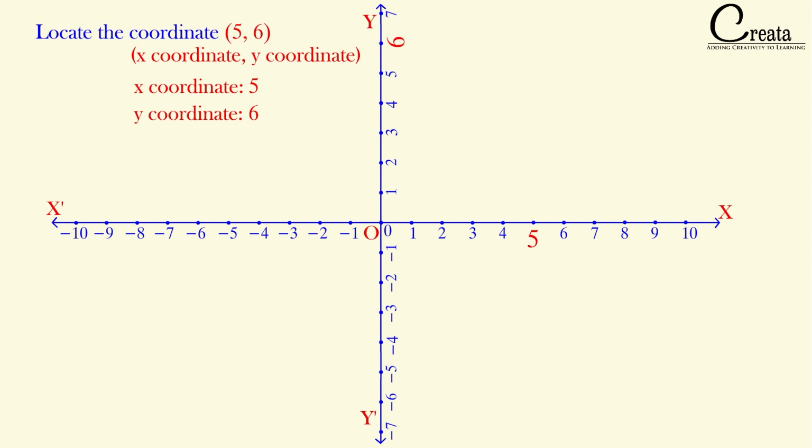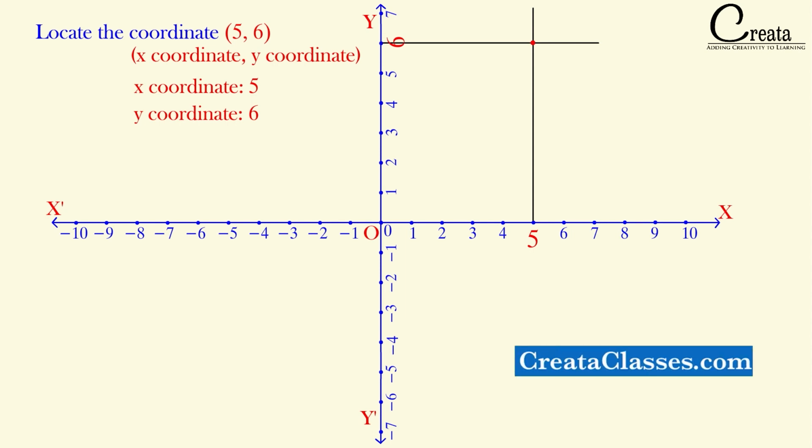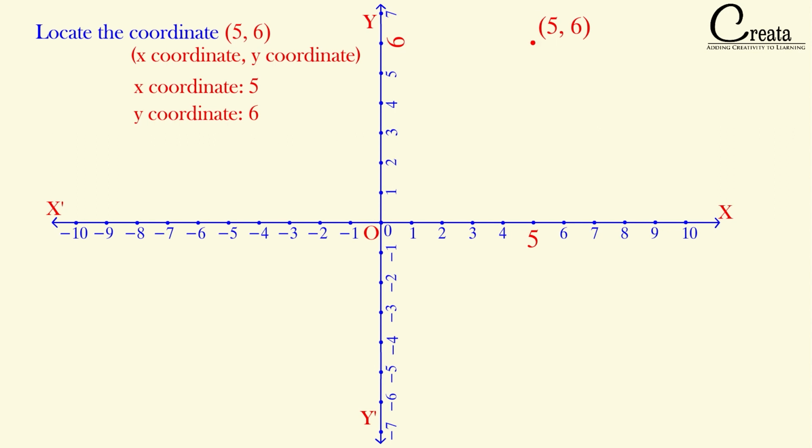We got x and y. So let's draw the perpendicular line from both of these points. These two perpendicular lines are intersecting at this point, and for our coordinate, this is the point. Okay, this is the location of this coordinate. Got it? Very similar, but just in the reverse order.